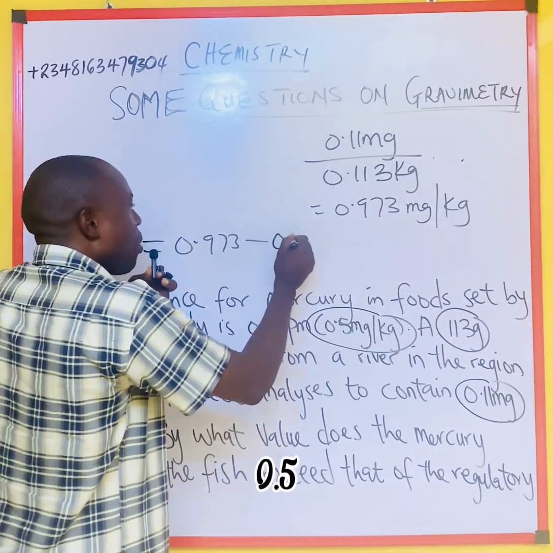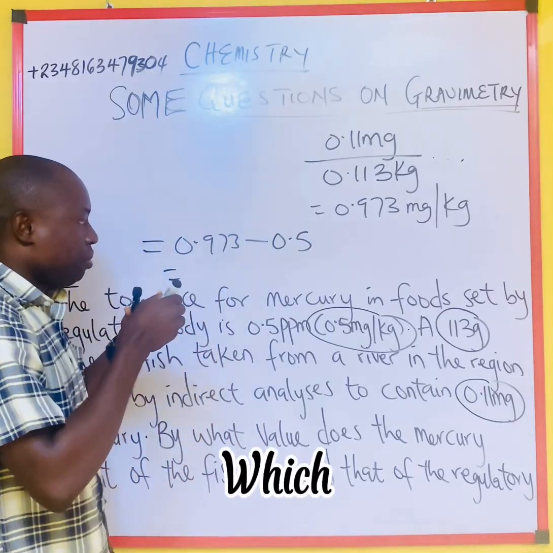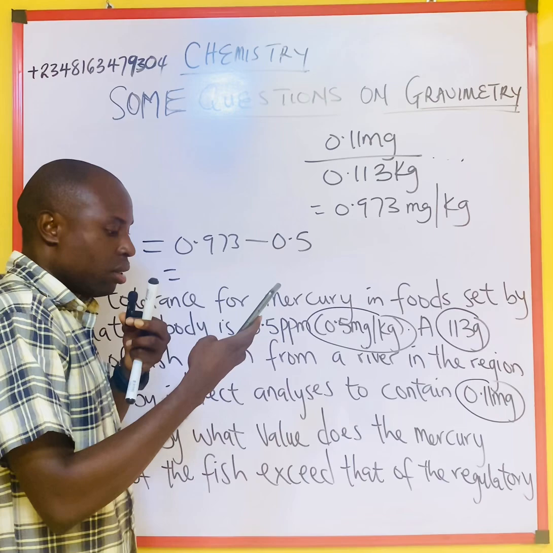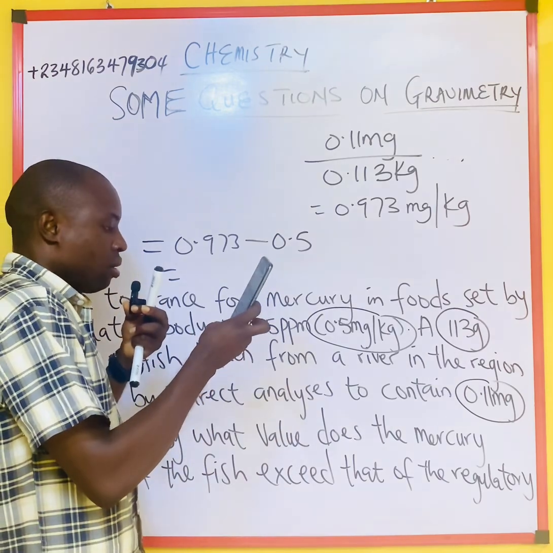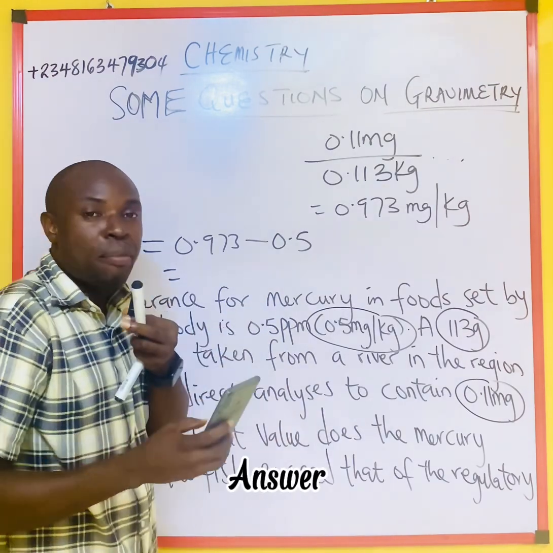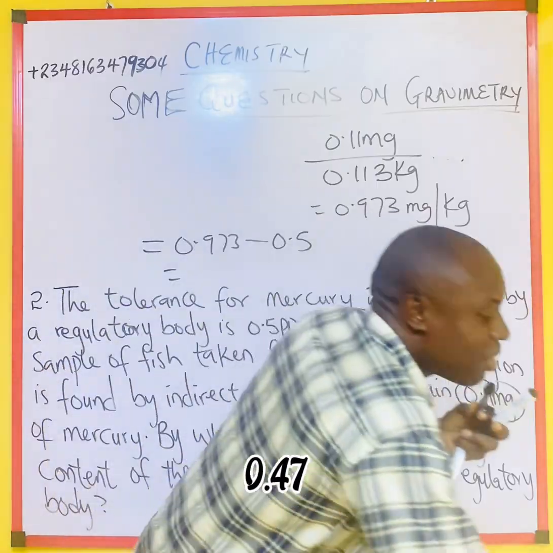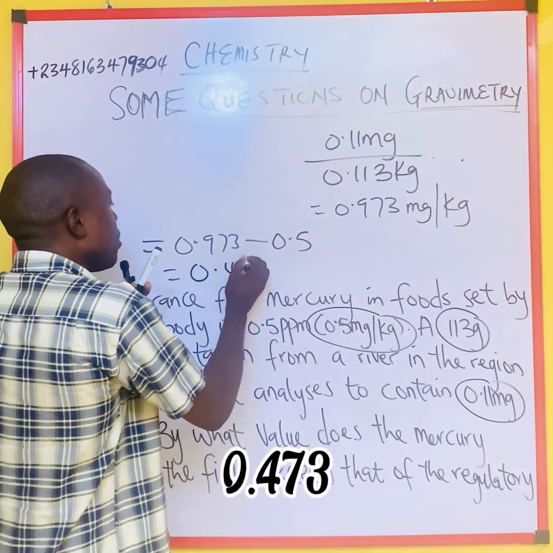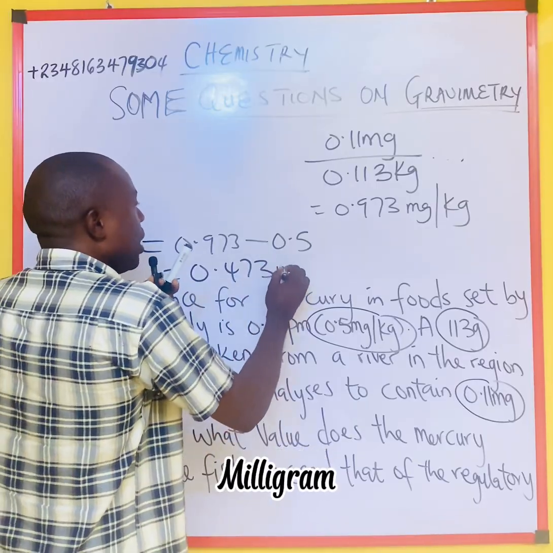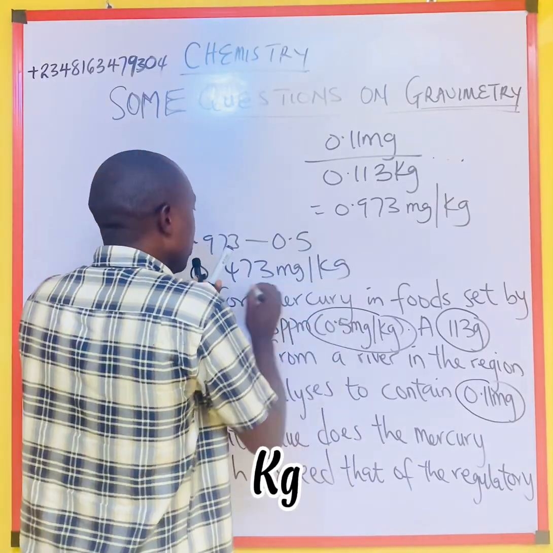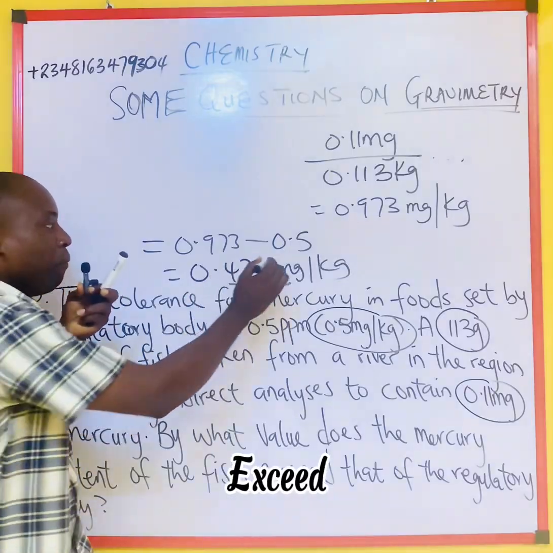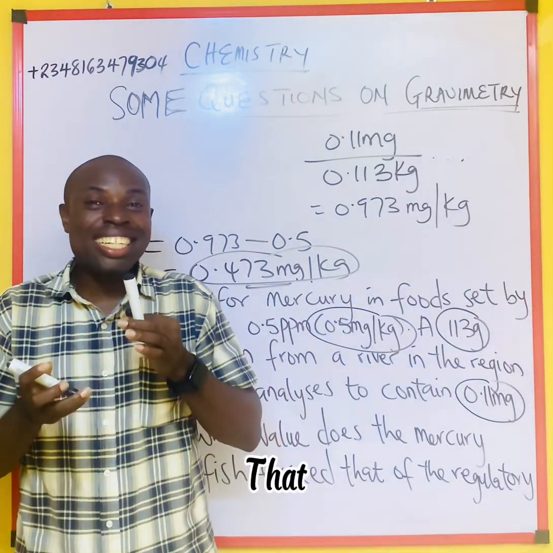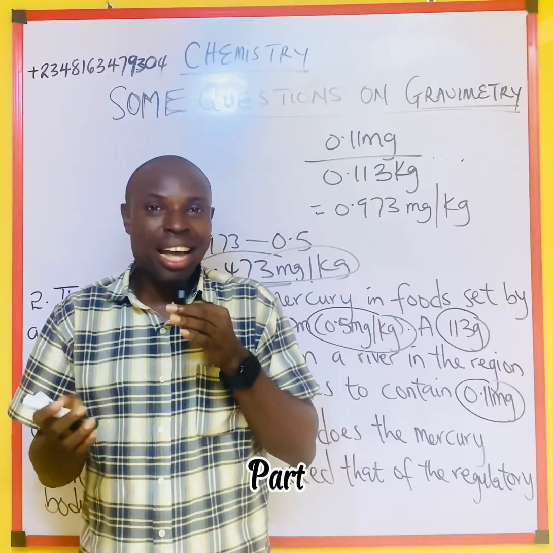Here, the standard becomes 0.5, which when I subtract with my calculator, the answer becomes 0.473 milligram per kg. So it will exceed by this amount. And that is how easy this part is.